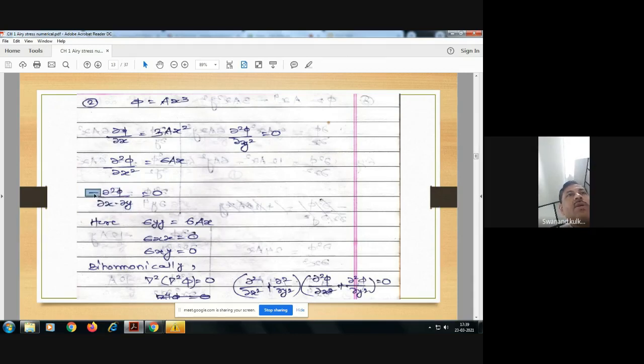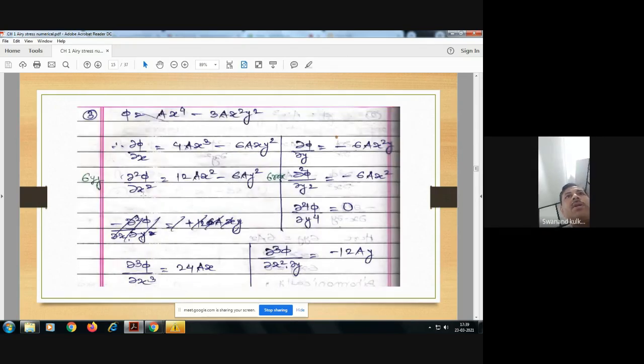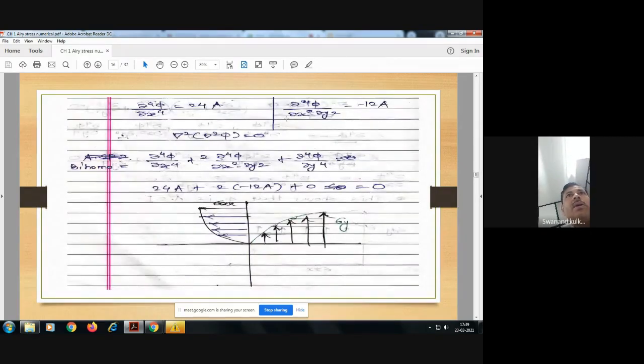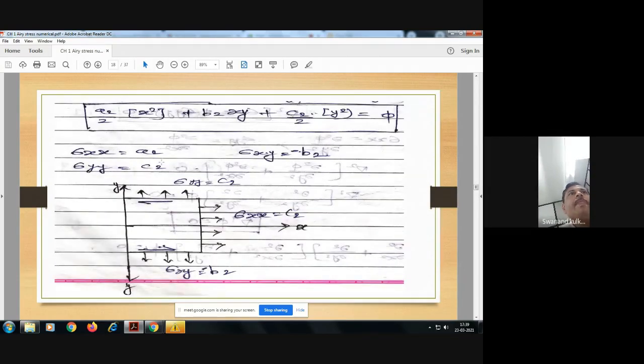The minus sign we are using for shear stress calculation, and that's why this minus sign will be continued here. Here also, from the previous example also, we have used a minus sign, and that's why while calculating this sigma xy we are using this minus dou 2 phi by dou x dou y, so this will become minus. Is it clear?